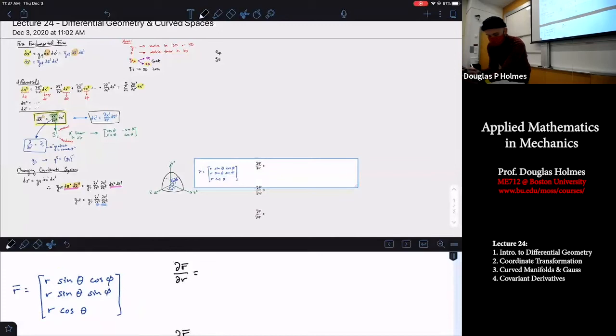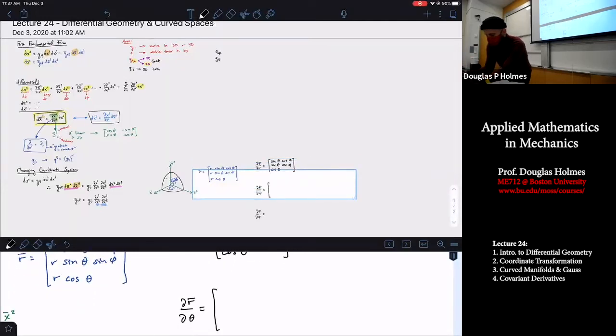So I could look at this and say, oh, well, this is just going to be sine theta cos phi, sine theta sine phi, and cos theta, right? Not too bad.